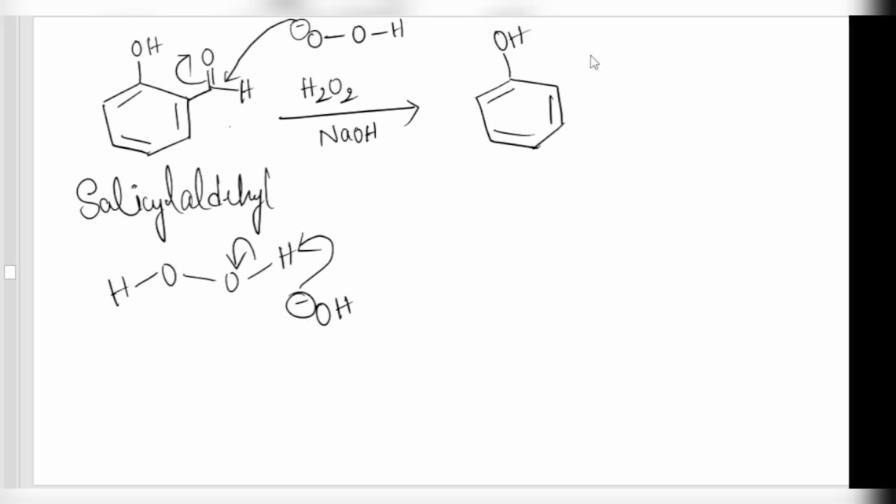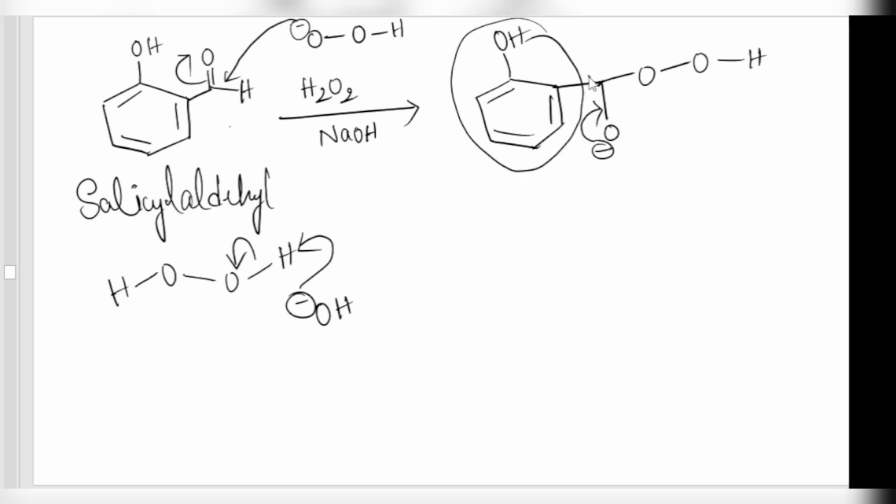Here the phenol group is there as it is, and I will write it as O minus here, and here I will not write the hydrogen, and here oxygen is there like this. Now what will happen, this group will migrate like this, and this whole group will migrate like this, and finally OH minus will leave.